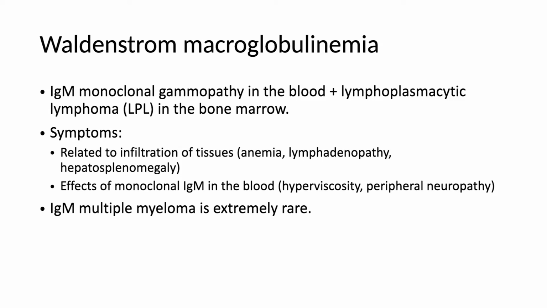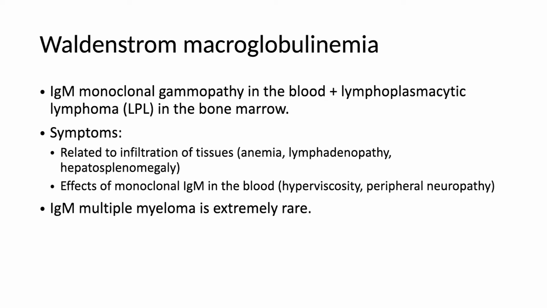Waldenstrom macroglobulinemia. Multiple myeloma is either IgG or IgA, kappa or lambda, rarely IgD. When it is IgM monoclonal gammopathy, it is Waldenstrom macroglobulinemia or IgM MGUS. So when you have IgM monoclonal gammopathy and lymphoma infiltration in the bone marrow, that defines Waldenstrom macroglobulinemia.